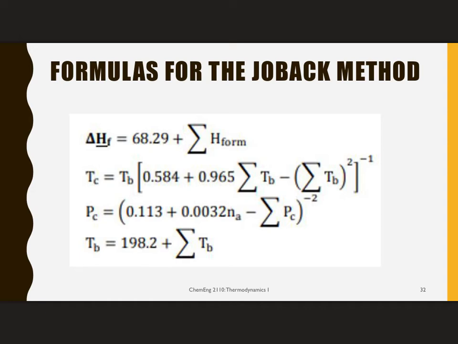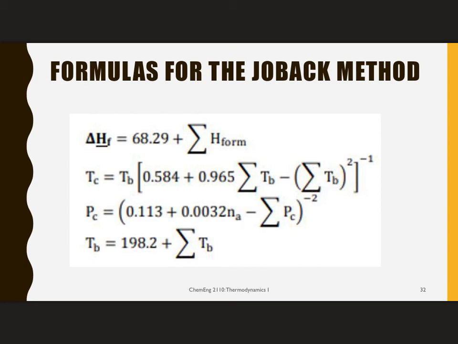Now, these are specifically for the Joback method. There are many others. UNIFAC and UNIQUAC are going to be some that you'll look at in Thermo 2, most likely. So these formulas here, critical temperature, I'm going to take the sum of all the boiling temperatures for my components, each of those little functional groups.